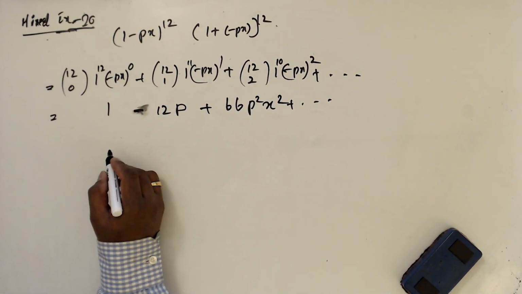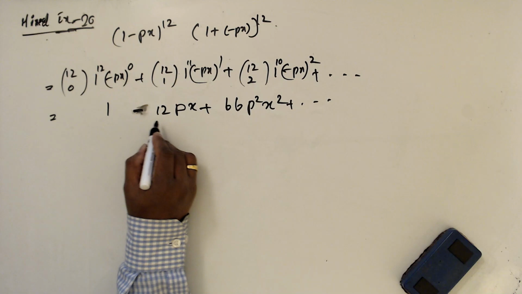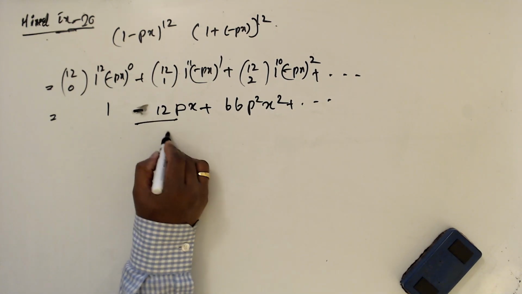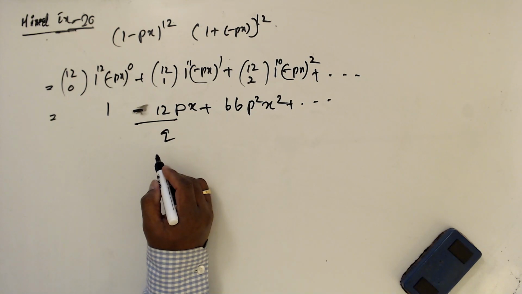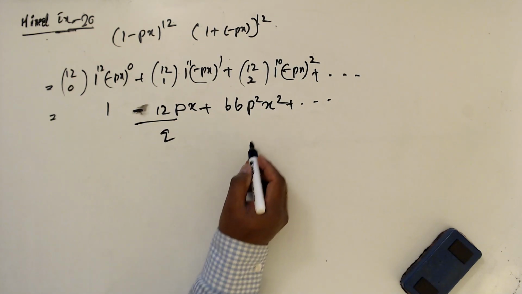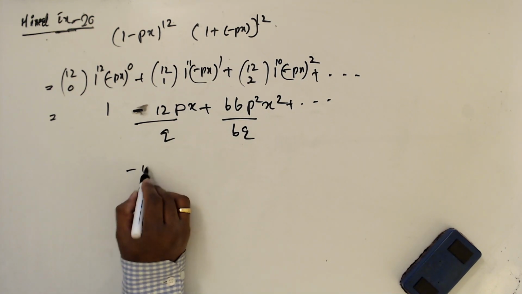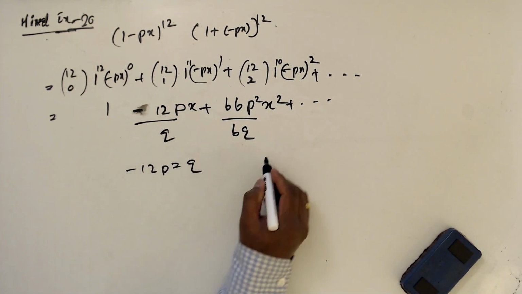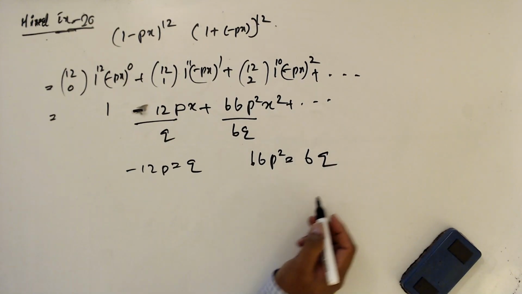And this value, minus 12p, is q, and this is part B, and the x square value is 6q. So minus 12p is q and 66p square equals 6q.